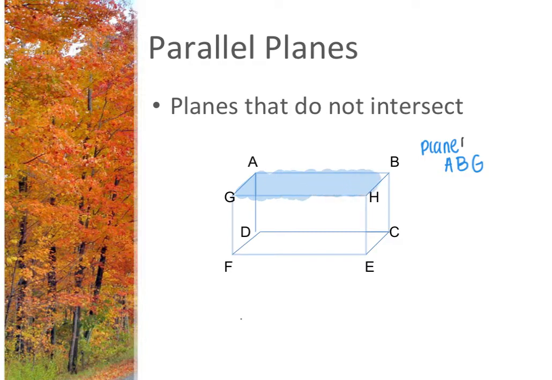Now, it intersects all of the other planes except for one, and the other plane that it doesn't intersect is this one down here. So plane CEF will not intersect.